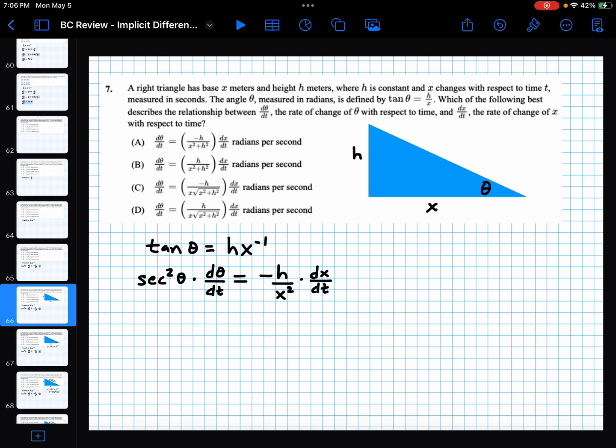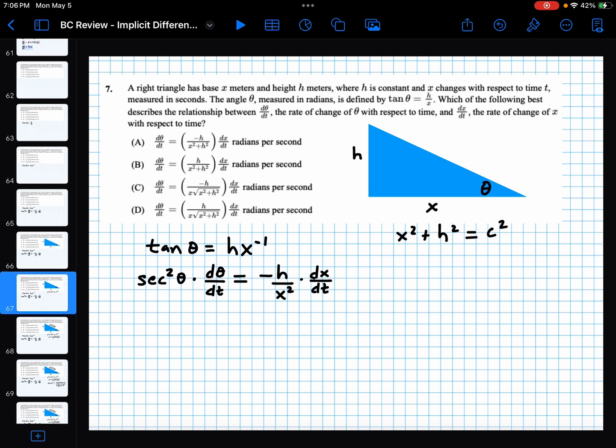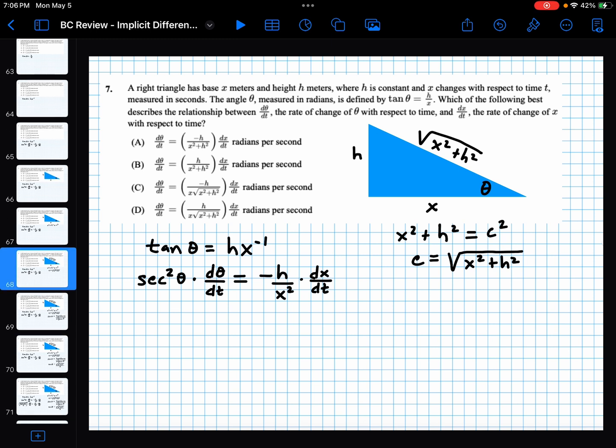So I'm going to make my right triangle here with x as the base and h as the opposite side from theta. And I'm going to use the Pythagorean theorem to find the length of the hypotenuse. Because secant is the reciprocal of cosine, and cosine is adjacent over hypotenuse. So my hypotenuse will be radical x squared plus h squared.